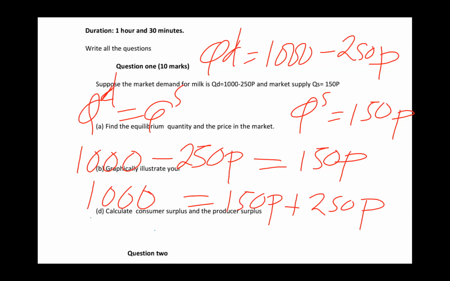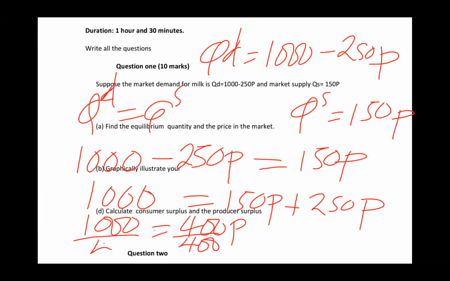And so you will have 1,000 equal to what is 150 plus 250? 400. We divide through by 400.